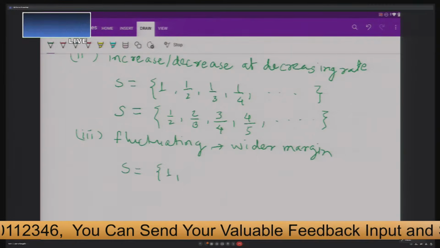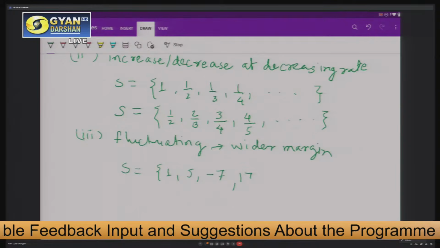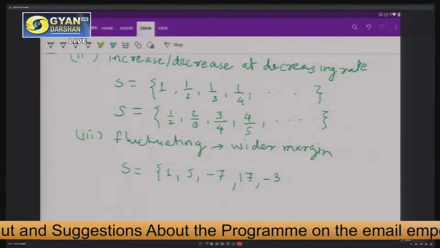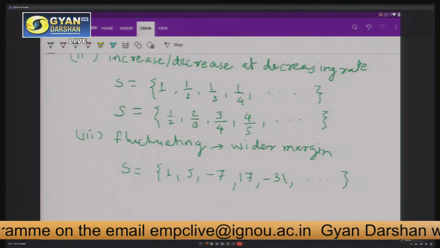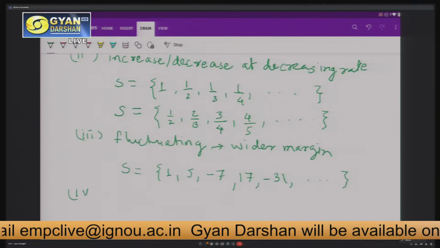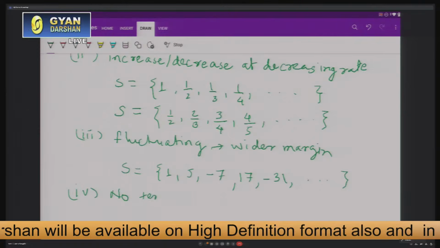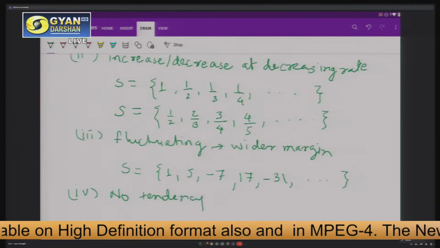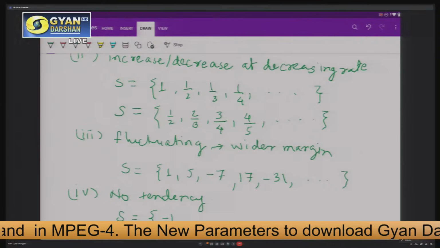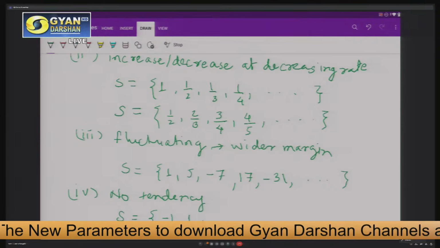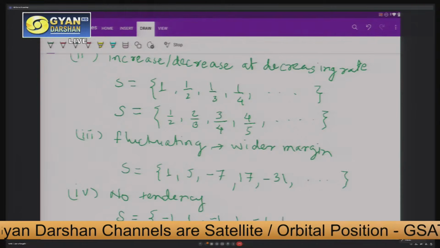Maybe 1, 5, -7, 17, -31 and so on. There may be sequences which have no tendency to increase or decrease, such as -1, 1, again -1, 1, -1, 1, neither increasing nor decreasing.